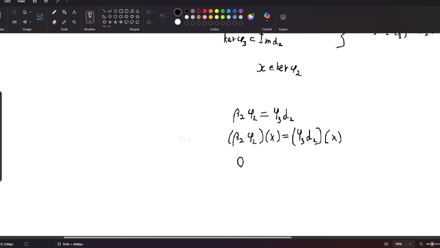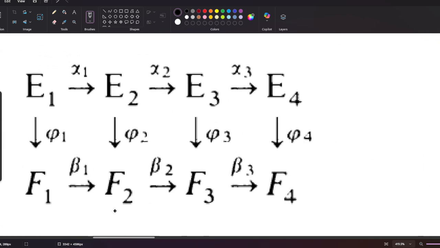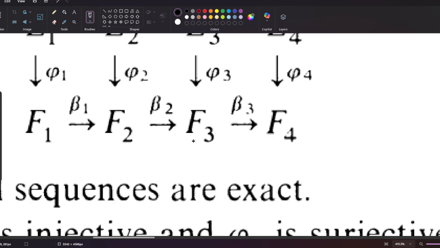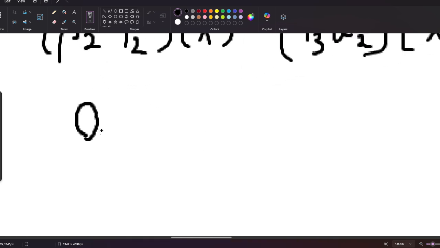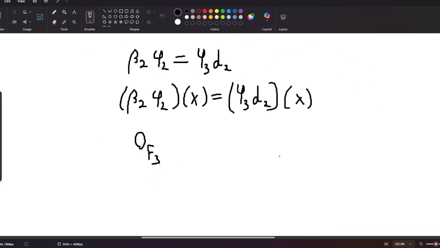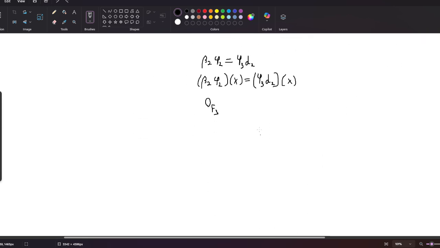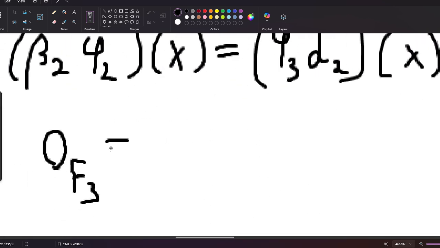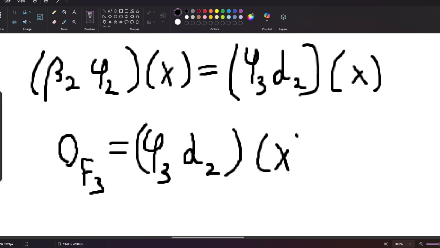Now let's look into what 0 we're working with. Beta 2 maps into F3, so it's the 0 of F3. Let's look at the diagram again. Okay, yes, phi 3 goes here. Looks correct. So phi 3 alpha 2 of x is 0.